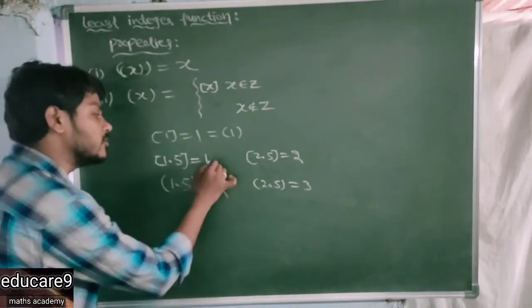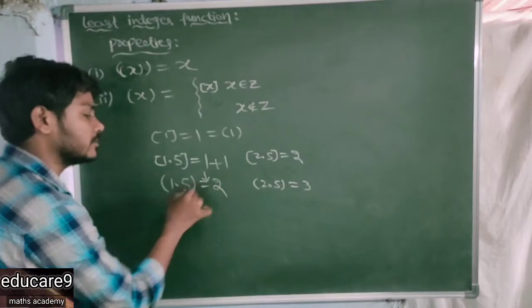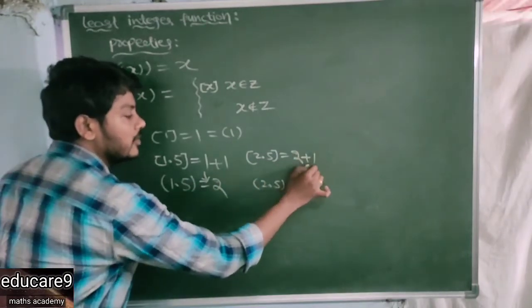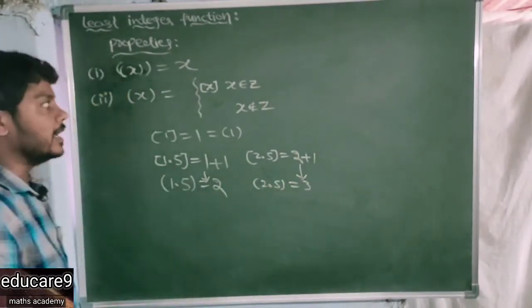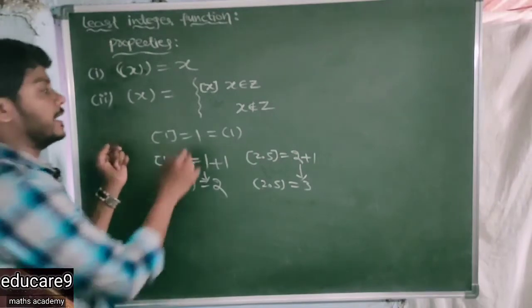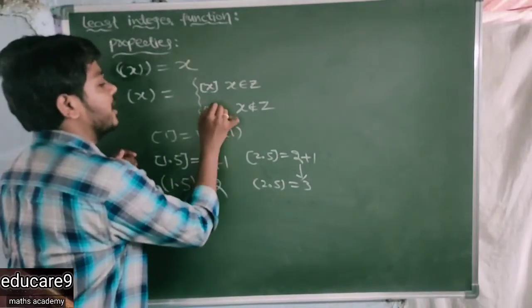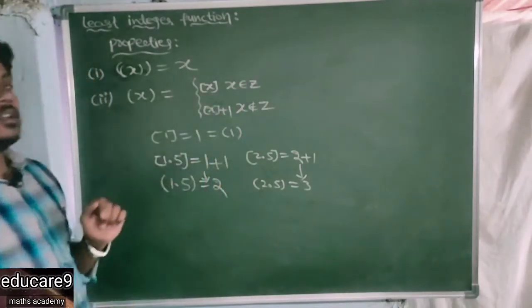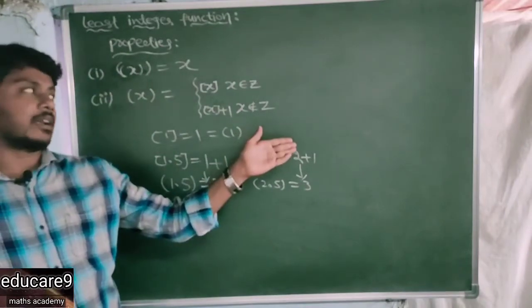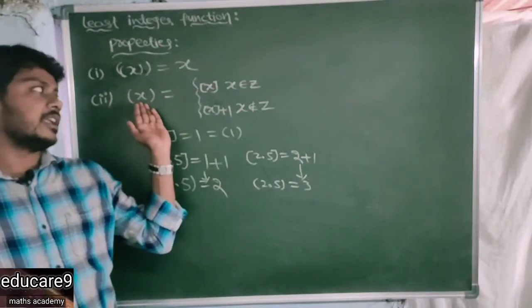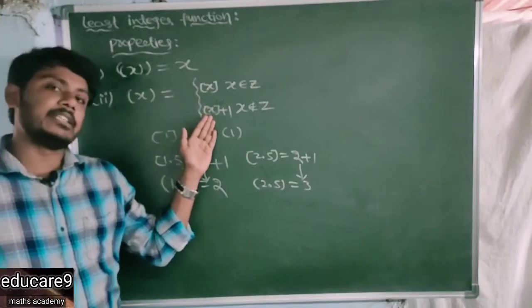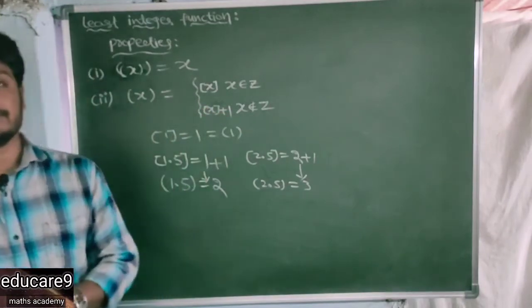If you add 1 to this one, you will get this one. Similarly, add 1 to this one, you will get this one. So it means bracket of x can be written as step of x plus 1. If x is not an integer, then the least integer function equals the greatest integer function plus 1.